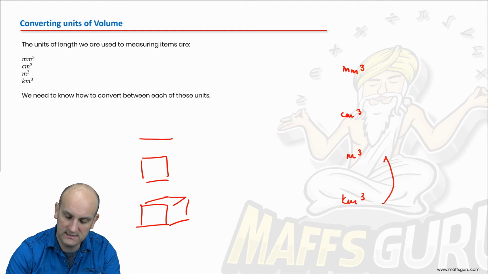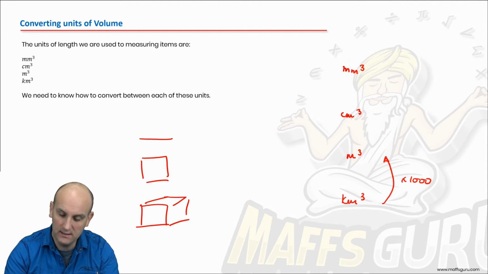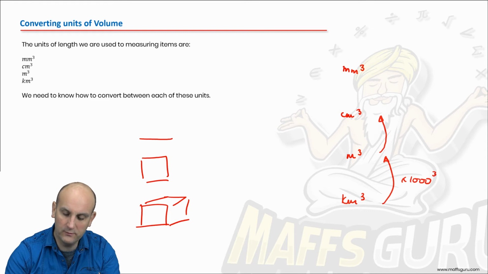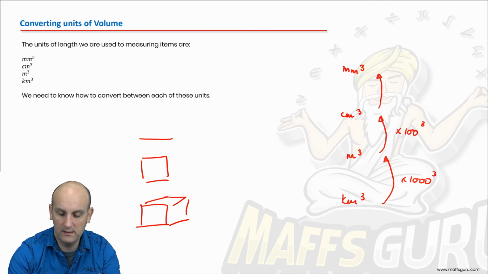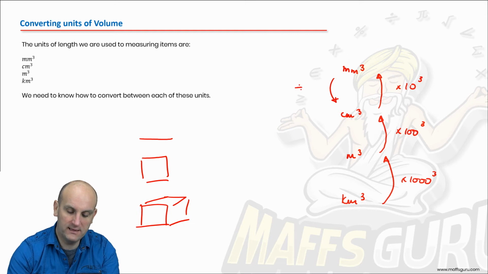Now, to go from here to here, normally I times by 1,000 for 1 dimension, but I'm dealing with 3 dimensions, so I'm going to times by 1,000 cubed. This one here, I would normally times by 100, so that's going to be times 100 cubed, and this one here, times by 10, and that's times by 10 cubed. And we know that when we come the other way down, we just divide by the same value.